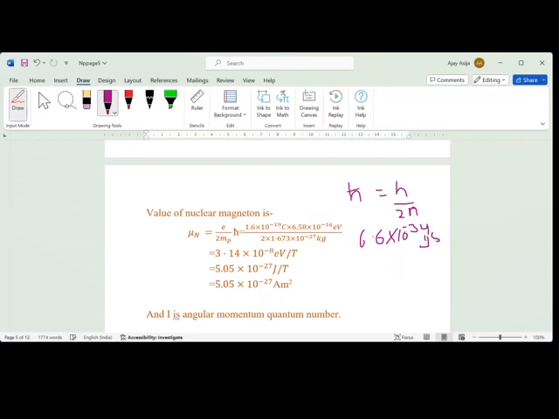To convert it into electron volt, we divide it by 1.6 into 10 raised to power minus 19.